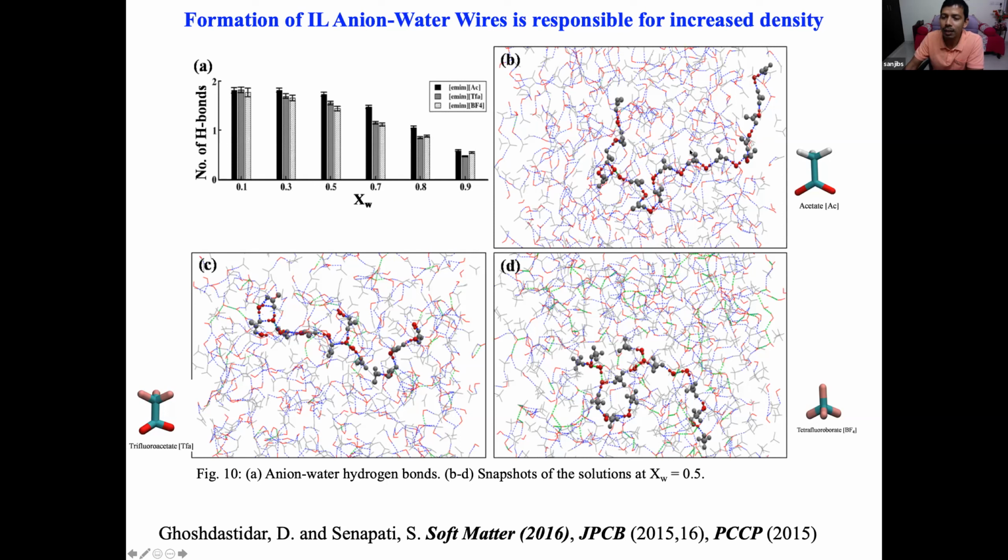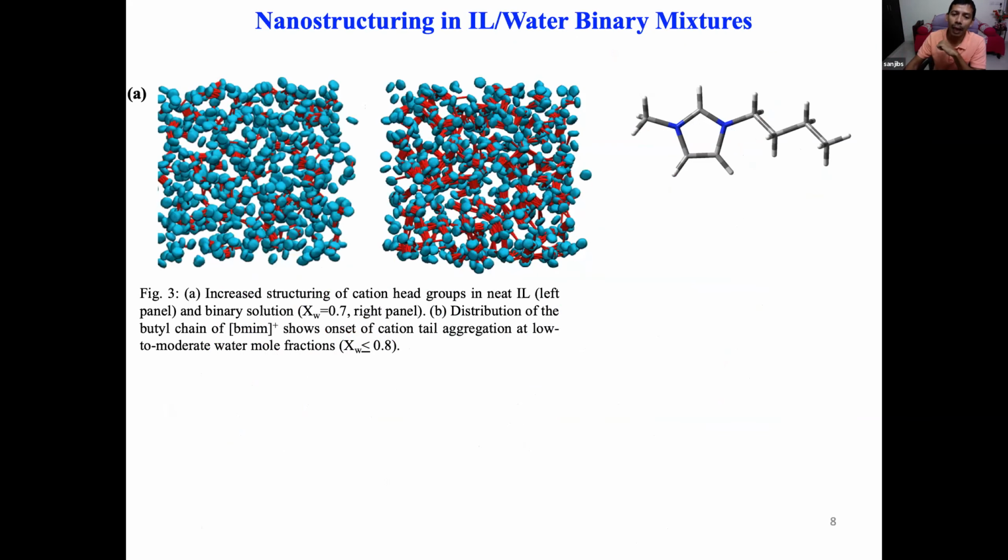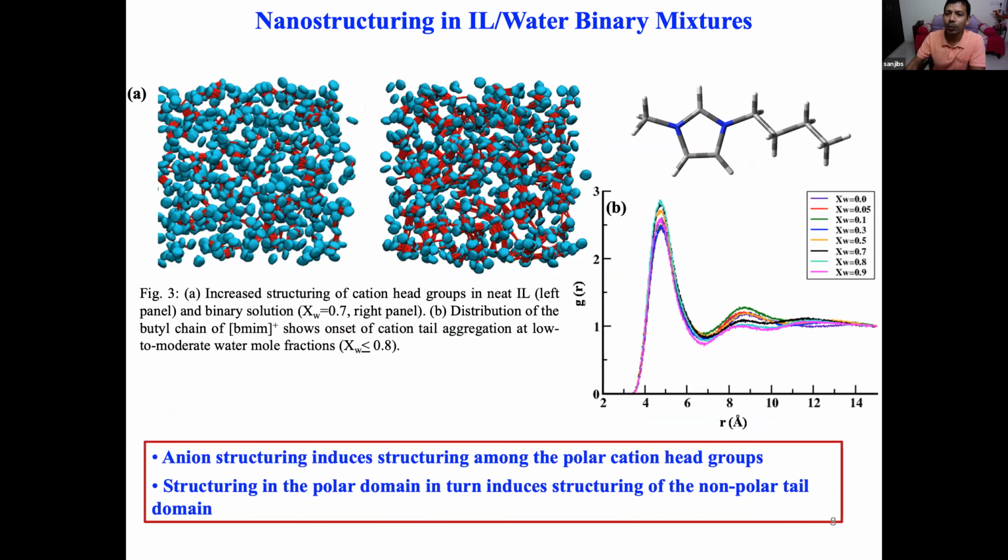Because of this wiring, due to the added water, the acetate anions come closer. In the process, when anions come closer, they also pull the cation. My cation was imidazolium, and now the imidazolium is stacking better. And not just that, there is also a hydrophobic tail, and the hydrophobic tail aggregation is also increasing.